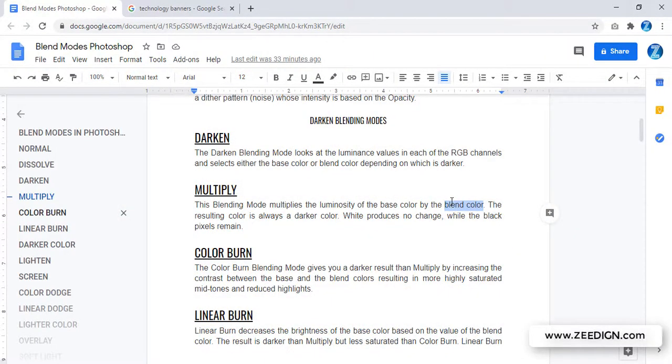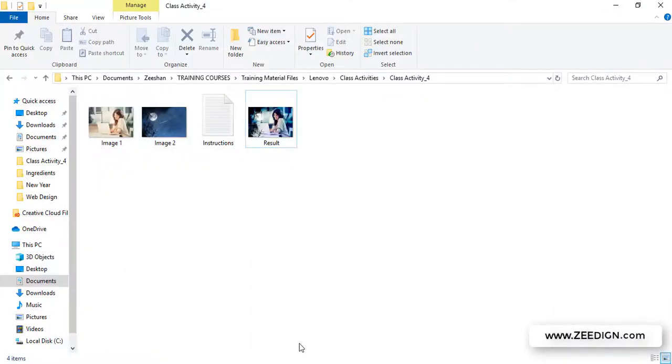Moving back to the definition, the resulting color is always a darker color. White produces no change while the black pixels remain. Okay, so again it is pretty much like the darken because they belong to the same category.